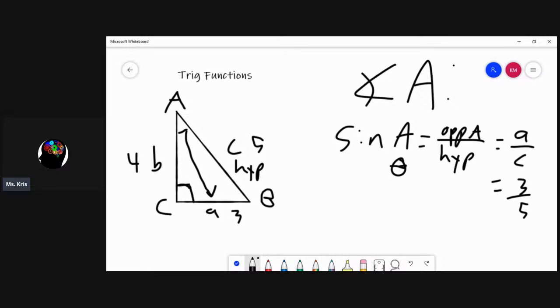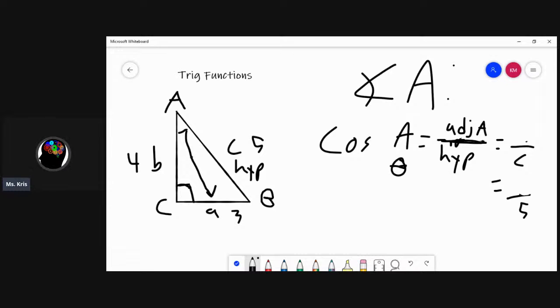Next, we have cosine A. Cosine A is the adjacent side as it relates to angle A over the hypotenuse.